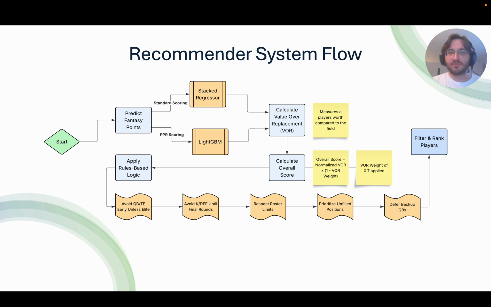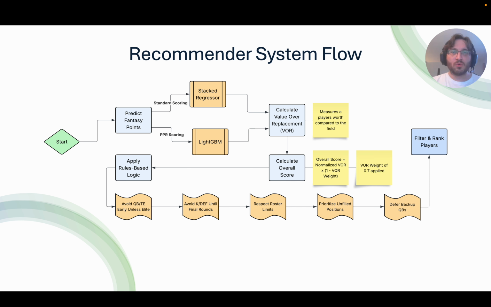And we also add a bonus for elite quarterbacks that score above a set threshold. Then we normalize the VOR and predicted points on a 0 to 1 scale. We then calculate a composite score, the overall score we see here, using a tunable weight. So the overall score is the normalized VOR times the VOR weight plus the normalized points times 1 minus the VOR weight. And the VOR weight that we choose to use here is 0.7.